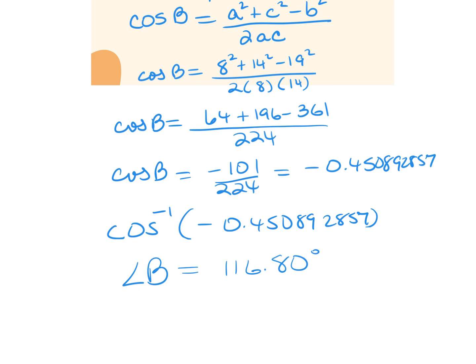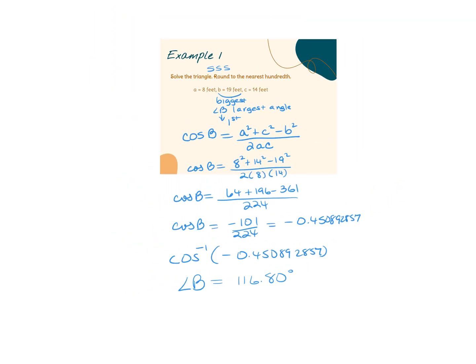When we have the side angle side scenario, in my second step, what I need to do is find the smaller of the two angles that are left. So if you just want to stay consistent and then always in step 2, find the smaller of the two angles that are left, it might make things easier. So this was step 1.